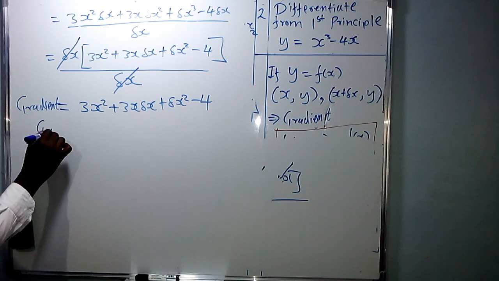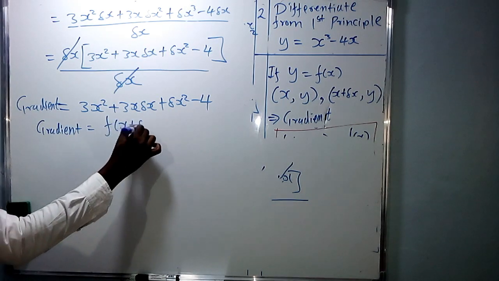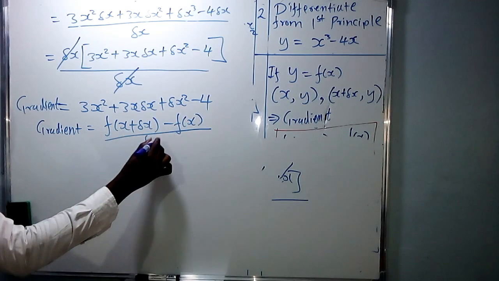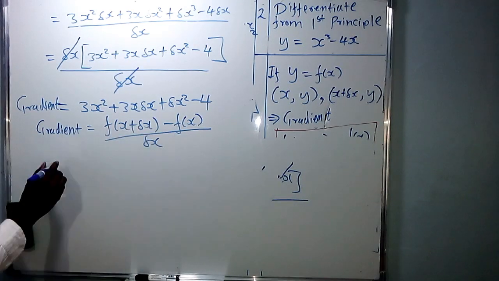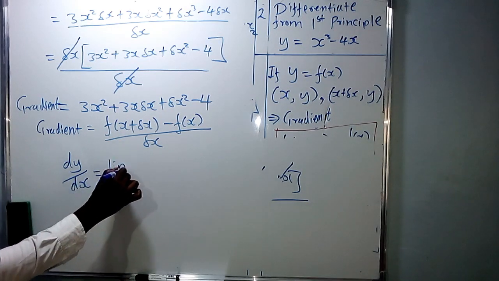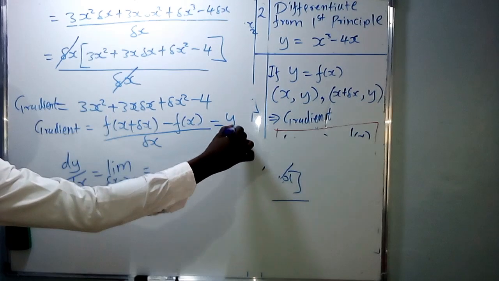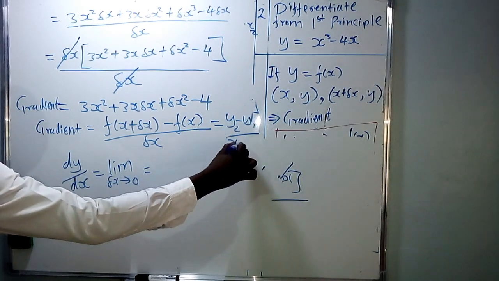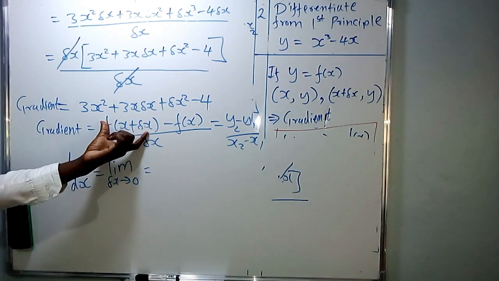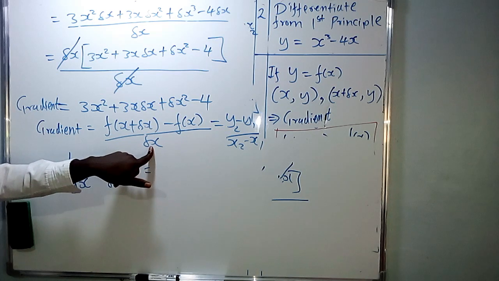So what do we want? We now want the derivative. This implies the derivative dy over dx is the limit as change in x tends to 0 of the gradient, which was y2 minus y1 over x2 minus x1. Y2 was f of x plus change in x, then minus f of x, and x2 minus x1 was change in x.